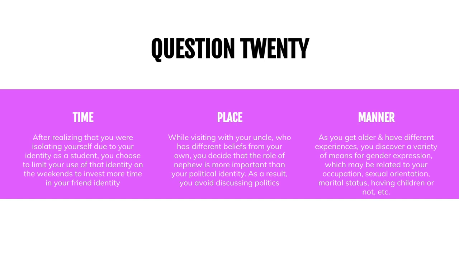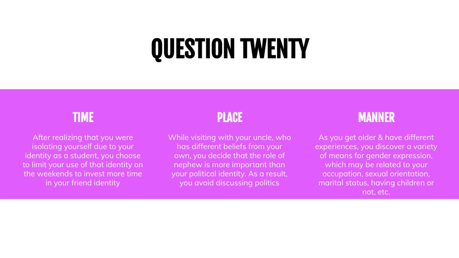How so? Why or why not? And so, just some examples for time, place, and manner. So, for time, let's say after realizing you were isolating yourself due to your identity as a student, you choose to limit your use of that identity on the weekends and instead invest more time in your friend identity.